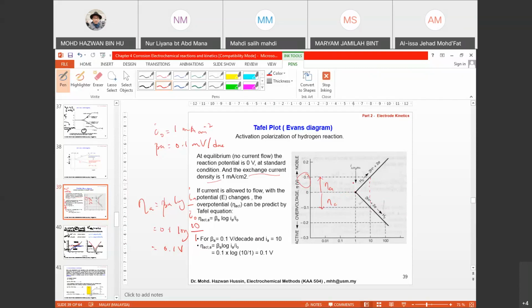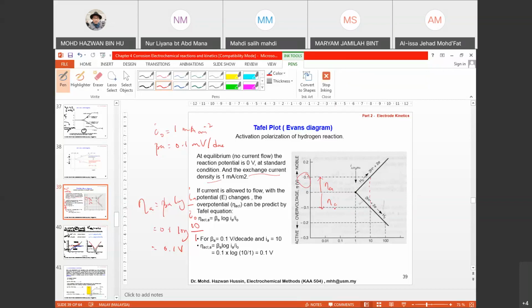You will have an increase in anodic current if you increase the potential positively, and a decrease in current density if you decrease the potential cathodically. So, Doctor, how can both of them be equal if they are not in equilibrium condition?